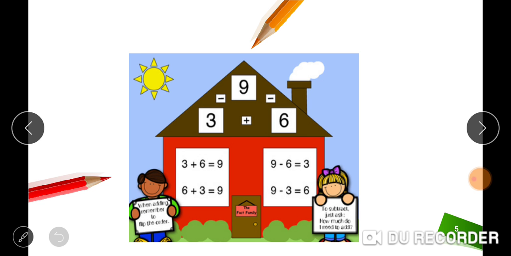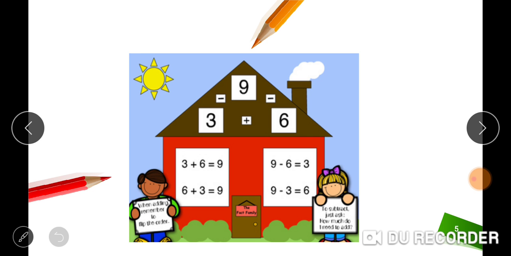Here at the top, at the roof of the house, you have 3, 9 and 6. We want to form 4 equations, 4 number sentences, with these 3 numbers. So we'll end up having 2 addition number sentences and 2 subtraction number sentences.